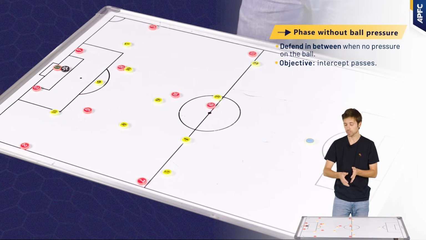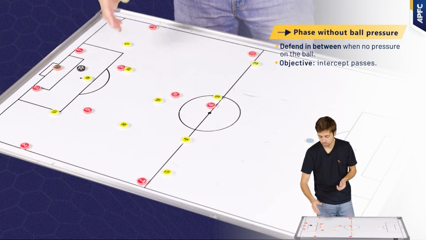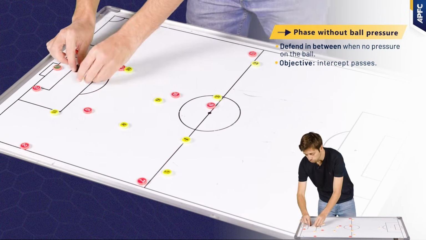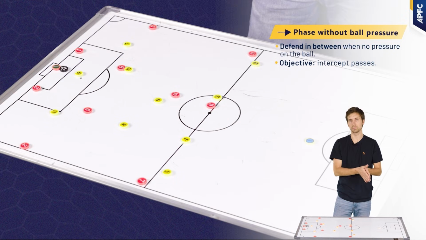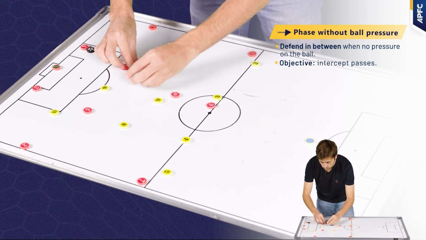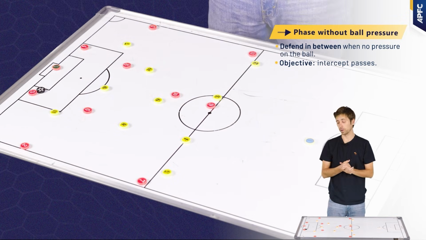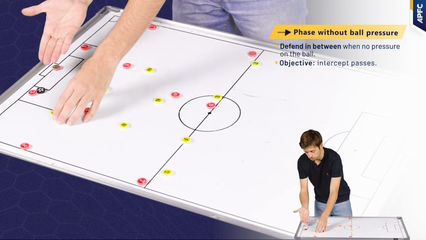In this case, because the ball is traveling, we have time, for example on number 9, to go and put pressure on the goalkeeper. This would be a good situation for us. Another situation would be that the opponent decides to make a long pass, meaning that we have time to put pressure on the ball while the ball is traveling.